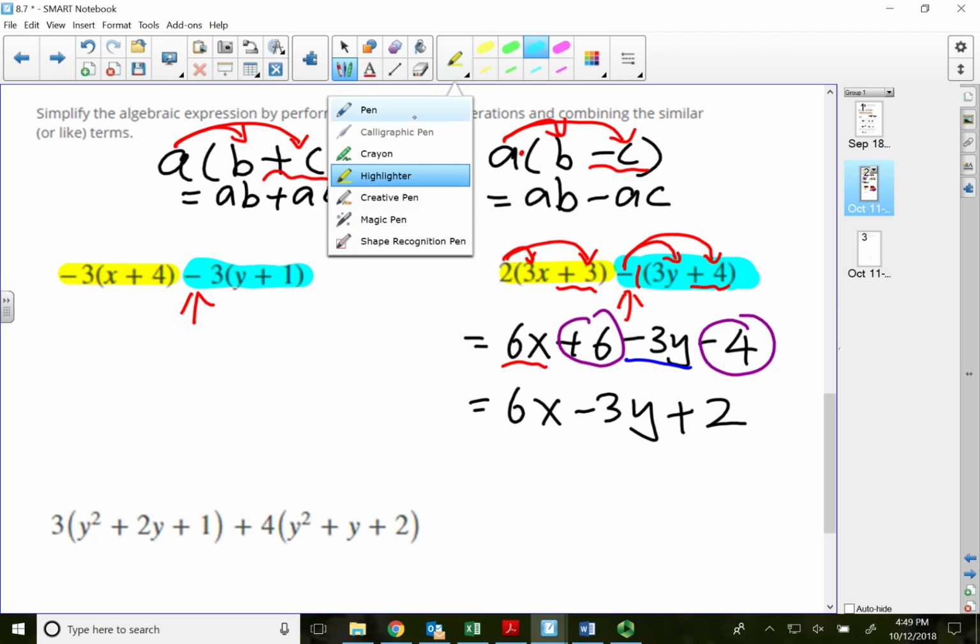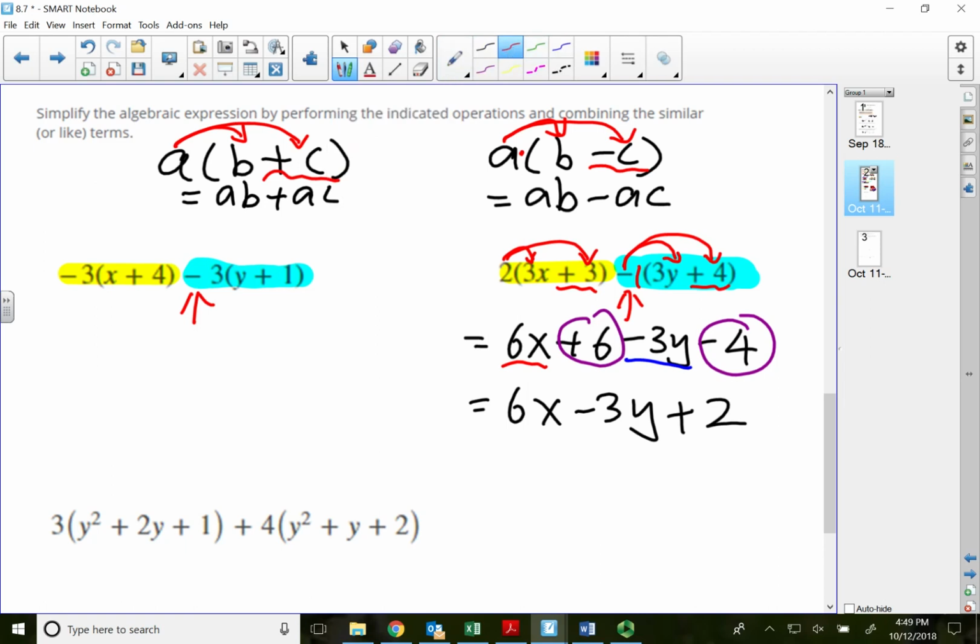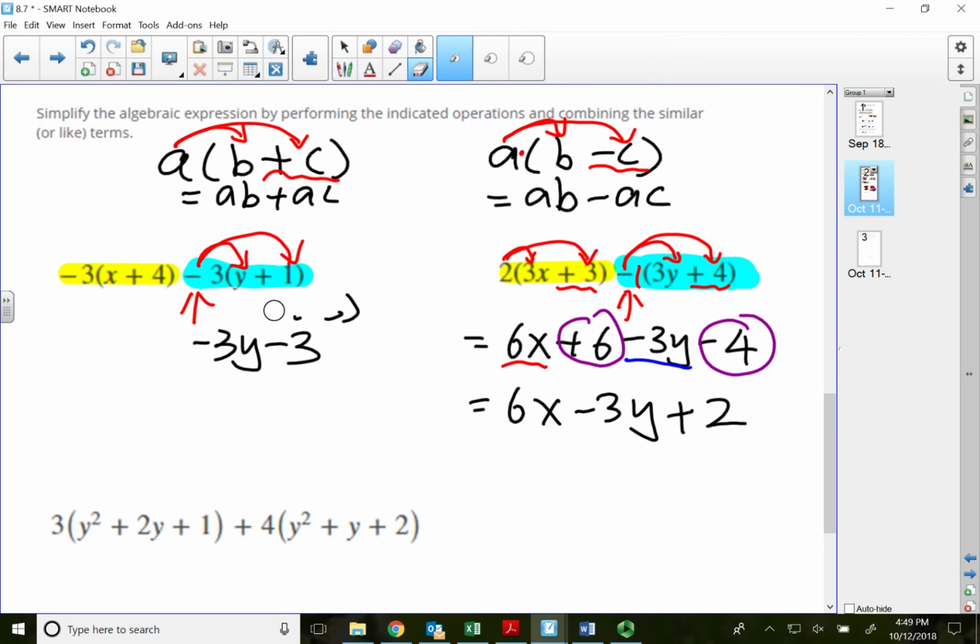So when distributing with my second term, we don't say 3. We say negative 3 times y, which is negative 3y. Then negative 3 times positive 1 is negative 3. Whatever you do, do not say this is plus a negative 3, because remember, every term can only have one sign. So just go ahead and say negative 3.